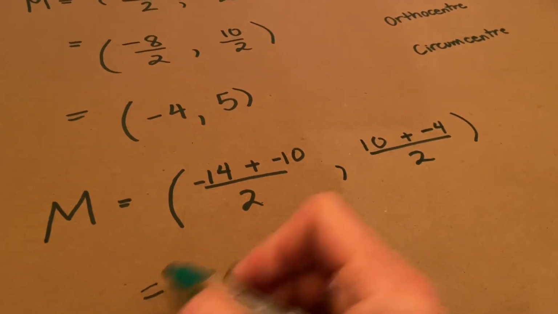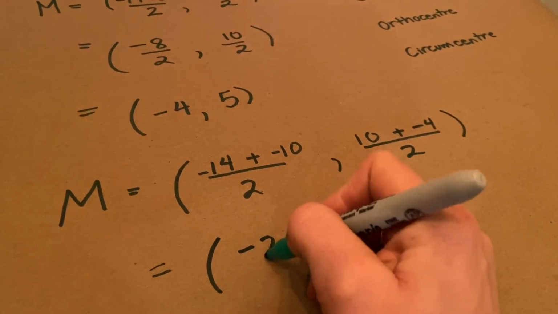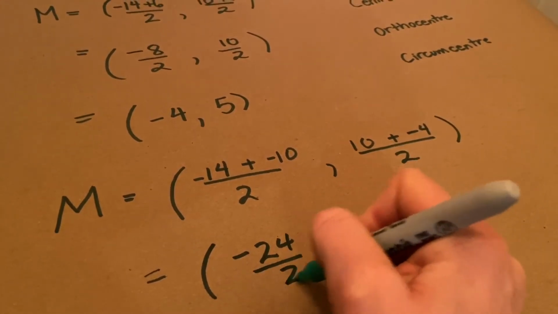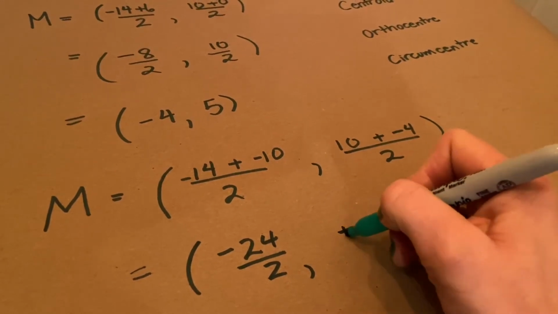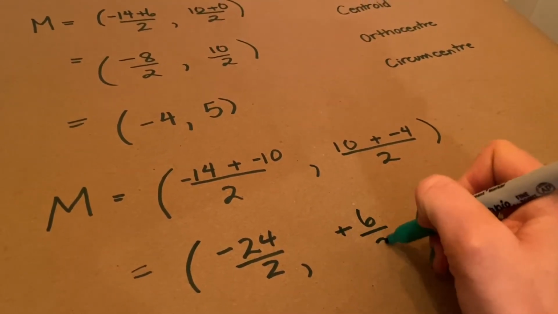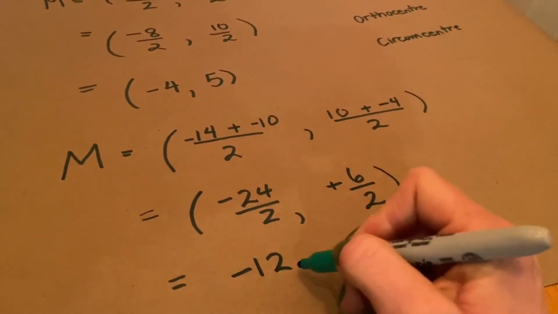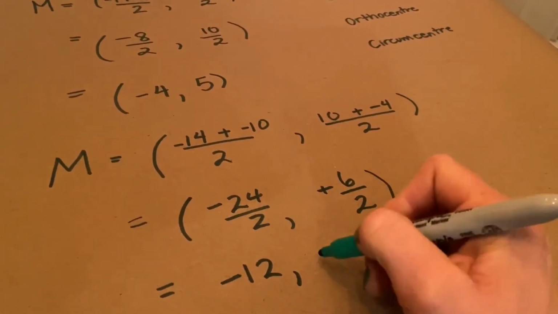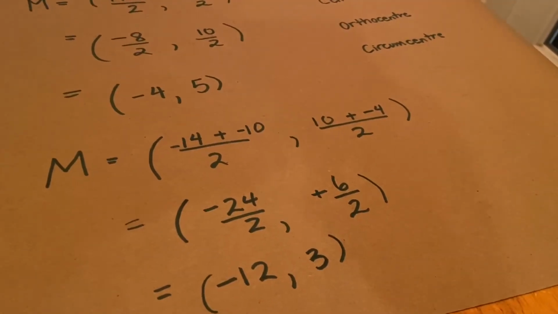When I do that, -14 plus -10 gives me -24, over 2. 10 plus -4 is 6, over 2. So that's going to give me -12, 3. I'm going to add that midpoint to my graph on Desmos as well.